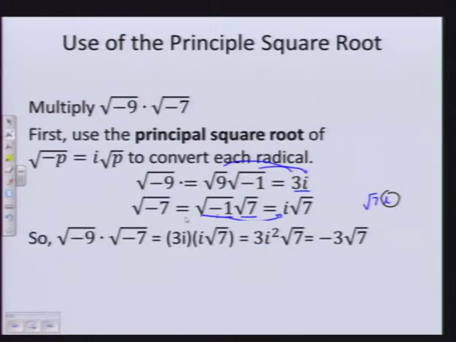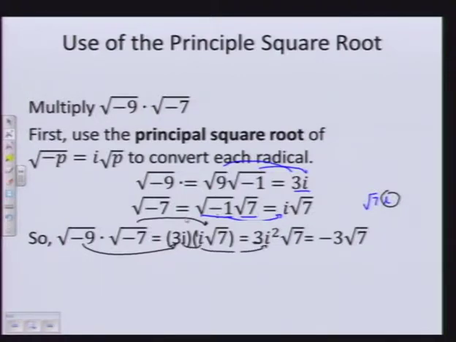All right, so let's finish up the multiplication. We wrote the principal square roots for each of these radicals. So we're going to bring over here the square root of -9 is 3i. The square root of -7 is i times the square root of 7. And now we're going to multiply. The coefficient here is 1, so we multiply 3 times 1 and get 3. We multiply i times i, and get i squared.